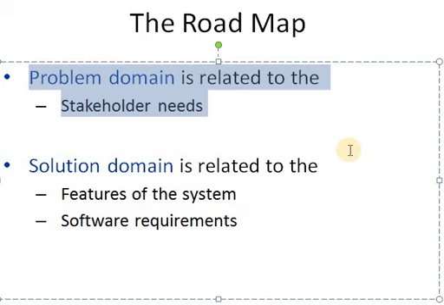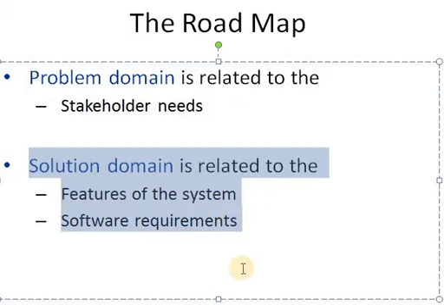So if we want to understand the problem domain, then as a developer, we must know that the problem is basically the needs of the user. Those needs we have to translate in a shape of a software system in order to satisfy the needs of the user.